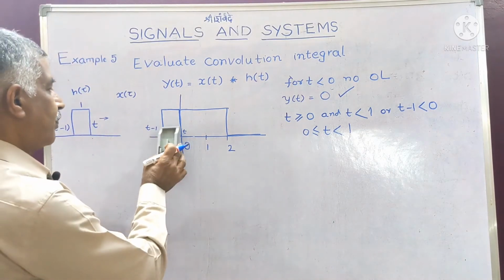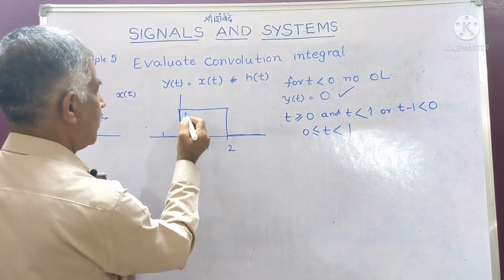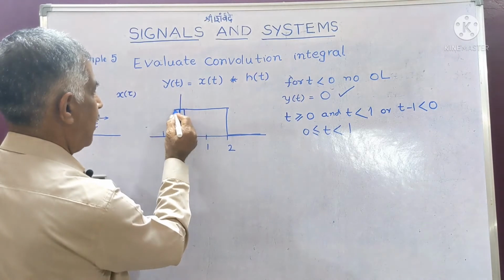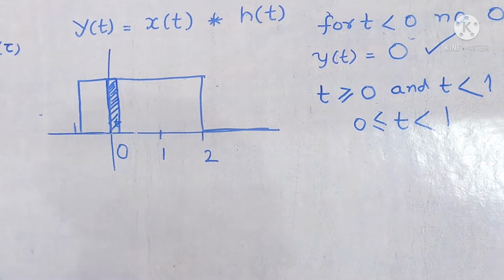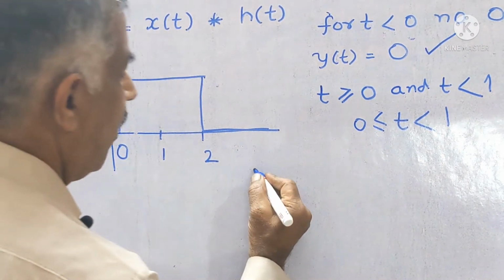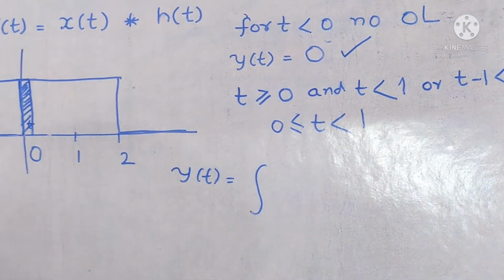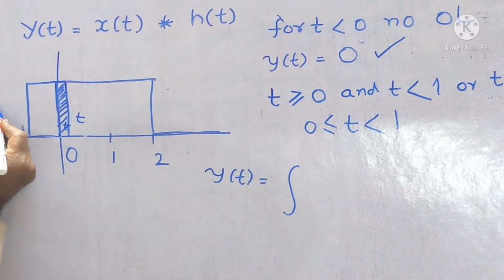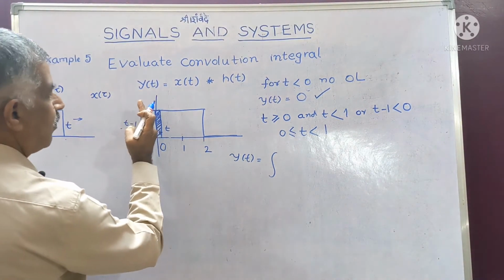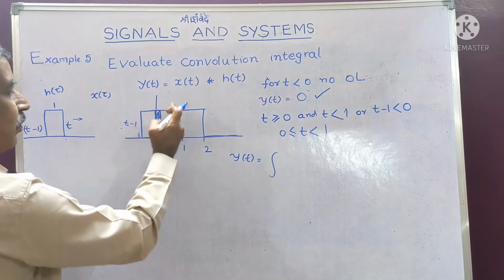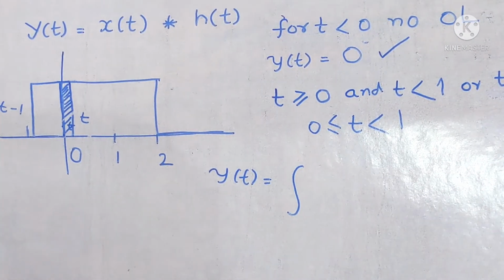Now I will show the overlapping, because if you have the idea of overlapping, then only you can write the limits of integration. y of t equals, now this is the t edge, this is the t minus 1 edge, this is 0. So as the waveform crosses like this, there is going to be an overlapping between this vertical line and the t line.